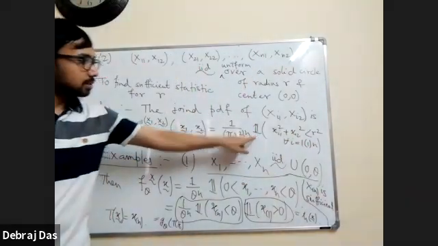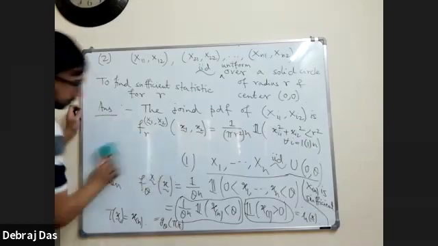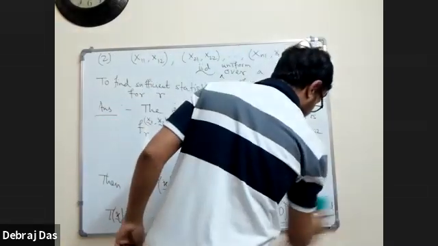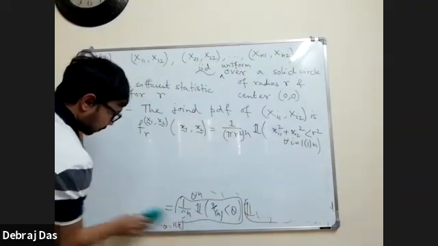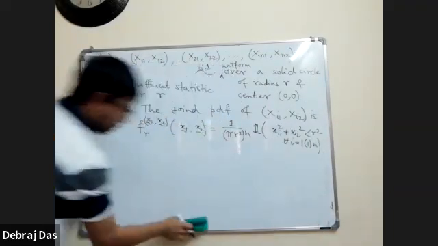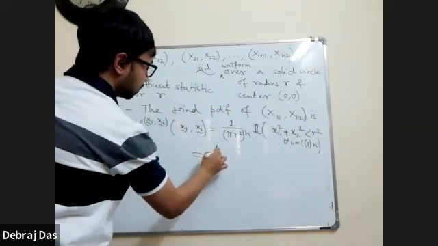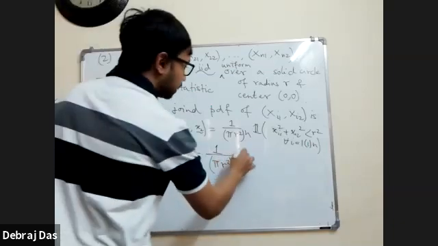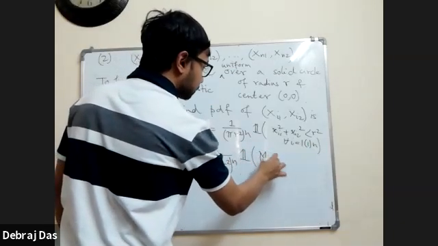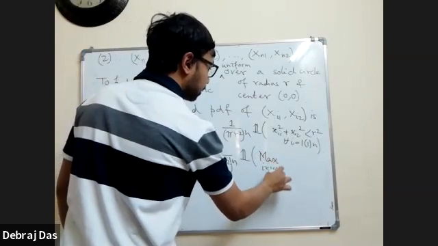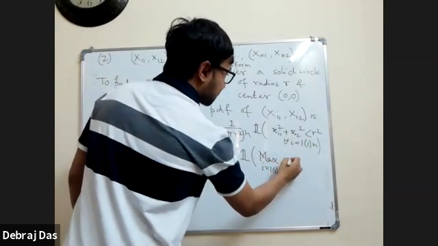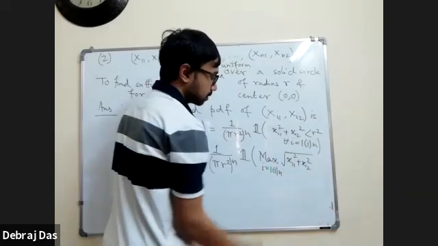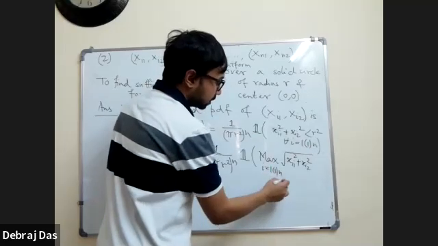So this is again an indicator. That means 1 over pi r square to the power of n, indicator of the maximum over i equal to 1 to n of Xi1 square plus Xi2 square, let's consider the square root of that, the norm, is less than r, right?